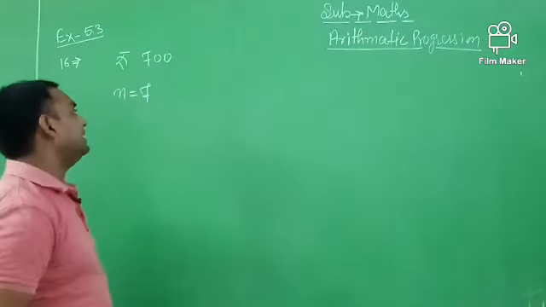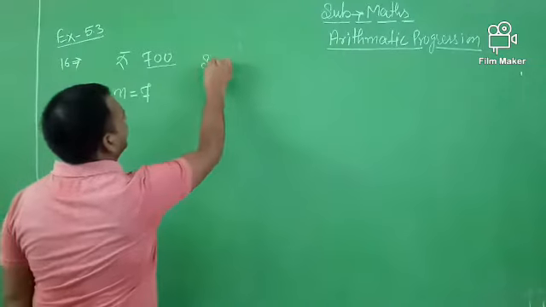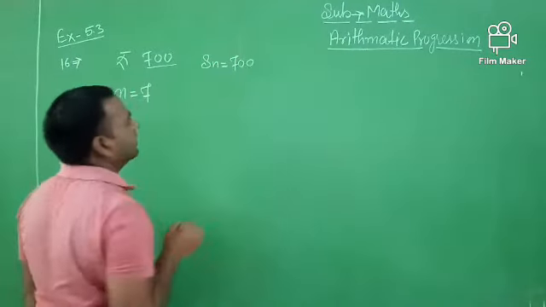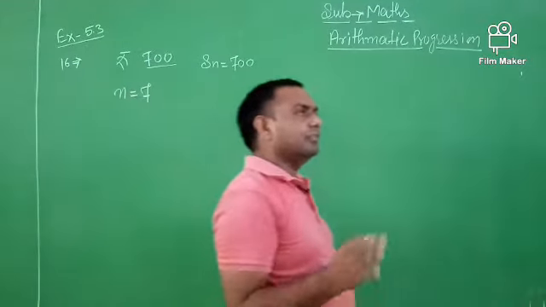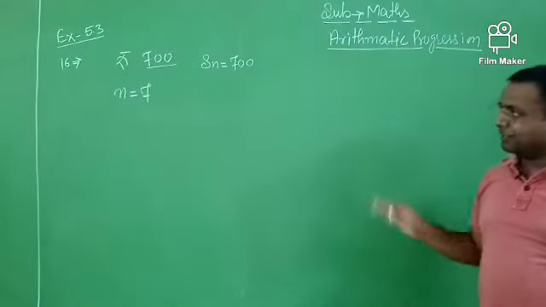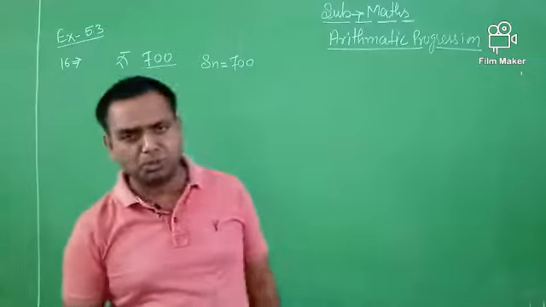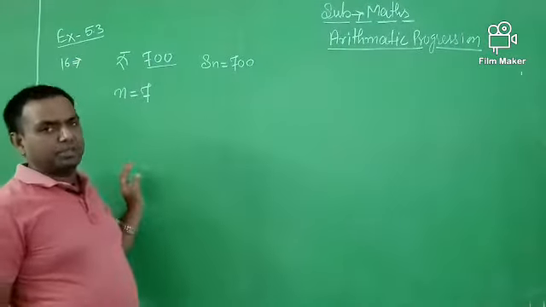So all of you see that the total prize money is 700 rupees. It means Sn is equal to 700. Another thing given is the first prize. Suppose the first prize is a rupees, so the second prize is 20 rupees less. It means it is equal to a minus 20 rupees.